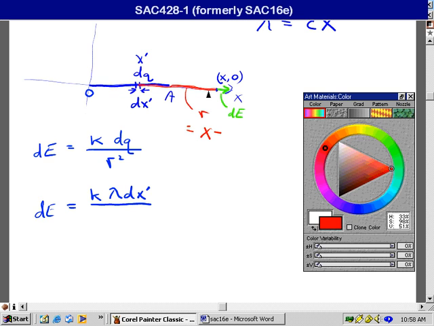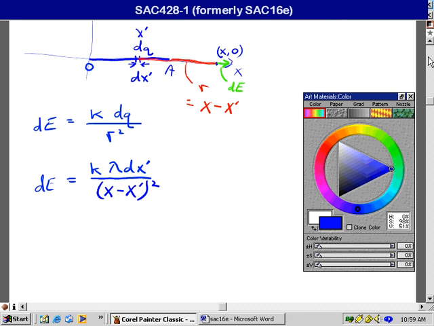That'll be the length of this. So it's from here all the way out to here, minus from here to here, so minus x prime. So r squared is going to be x minus x prime, all squared.